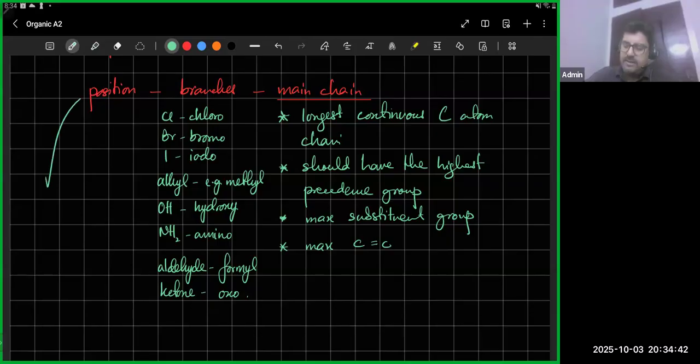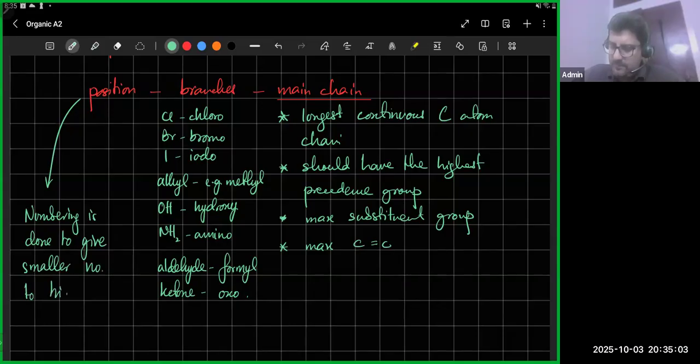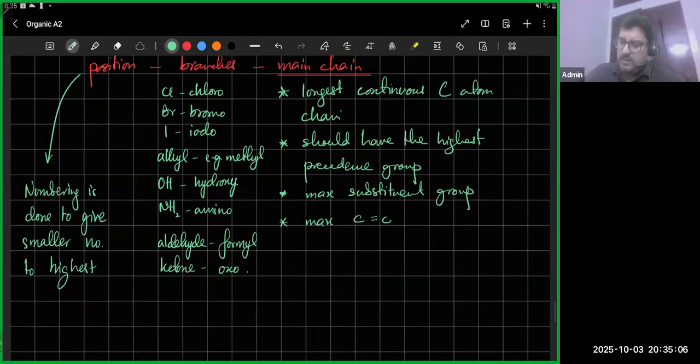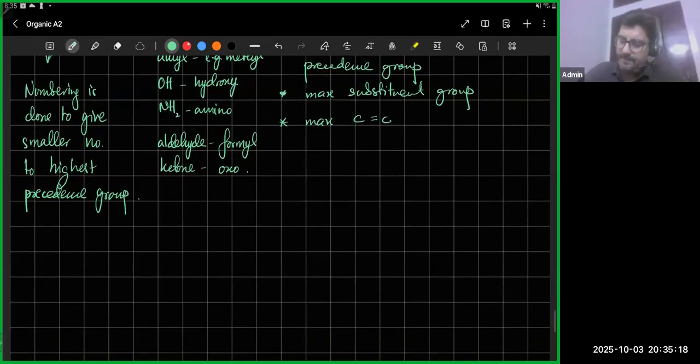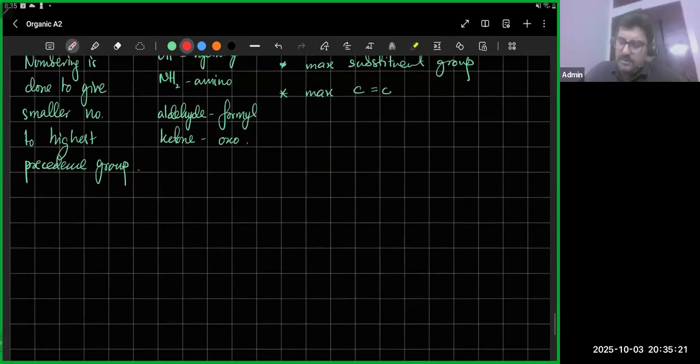There's a rule for position. Position is the highest. Numbering is done to give the smaller number to the highest precedence group. That means there's a precedence order, and in that order, the carboxylic acid is always given the smaller number.